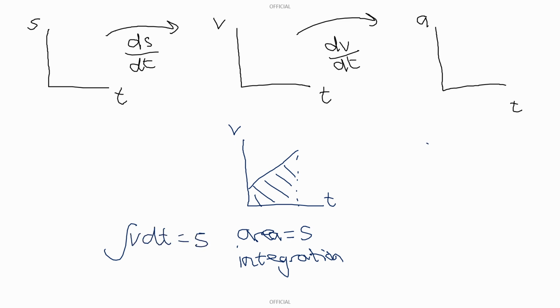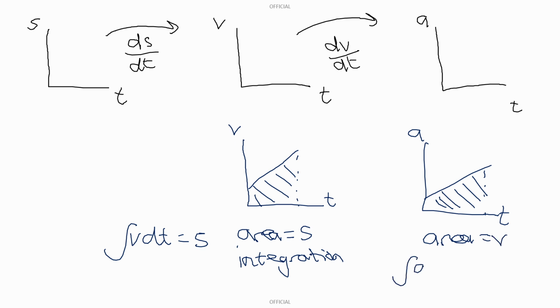What they don't learn at GCSE, which is the next stage on, is that the area underneath an acceleration time graph would therefore be the velocity. So area equals velocity. So the integral of acceleration with respect to time gives me velocity.